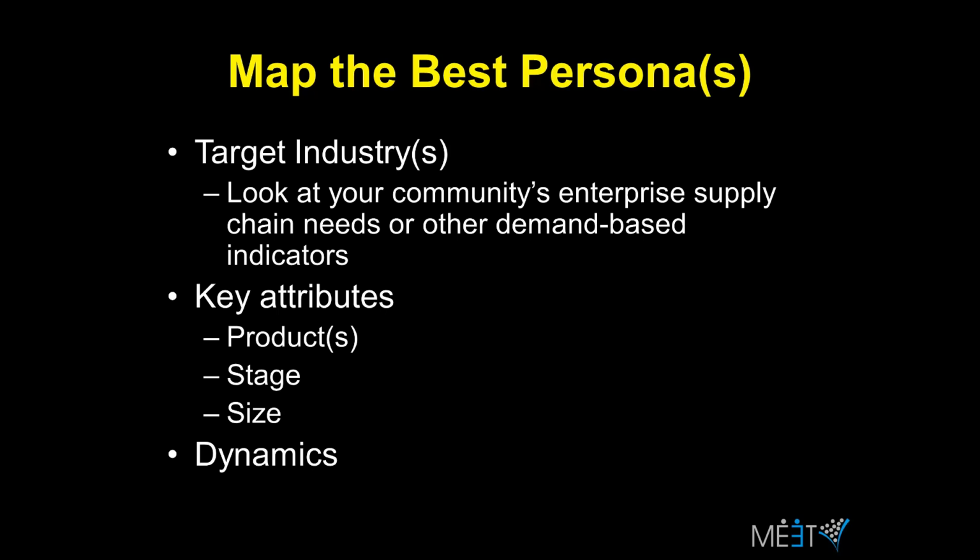But the first, and an interesting thing that we've seen, is we found a lot more success in helping organizations recruit businesses to their region when we understand what the demands are in that region. In other words, one really good demand is to look at the enterprise companies in the region, and do they have supply chain gaps right now? Are there challenges that they have in fulfilling orders because of gaps in their supply chain? Or are there other demand-based indicators that we can look at from the large consumers in our region?